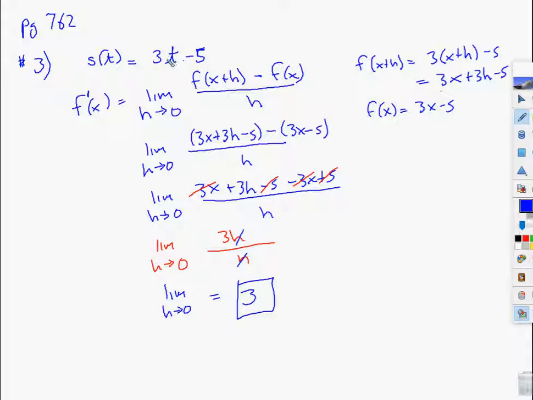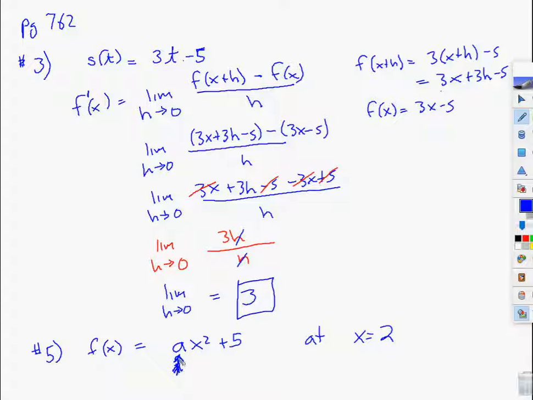So if we take a look at number 5, which we'll end up doing on the next slide here, number 5 is asking the same question. I'm going to change to f of x. So f of x equals ax squared plus 5 at x equals 2. Okay, now we have a little extra thing here. We have this a, and this a is a constant.